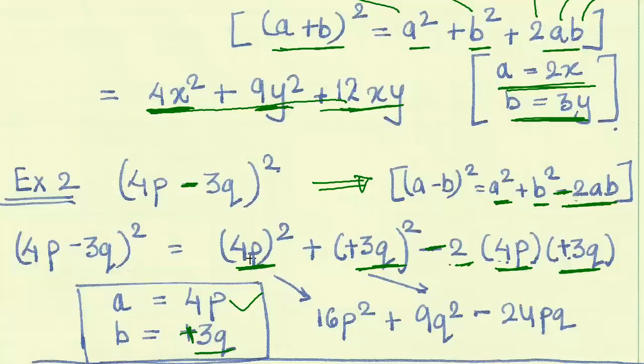So you have 16p squared. For 3q you have 9q squared, minus 2 times 4 is 8, 8 times 3 is 24, so you have 24pq. So this is what you get. As you can see, it was so quick to arrive at this solution just by using the identity.